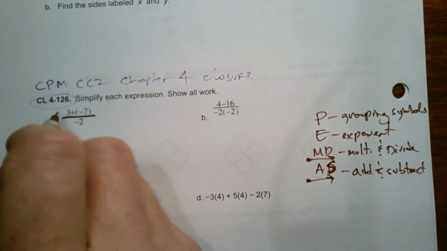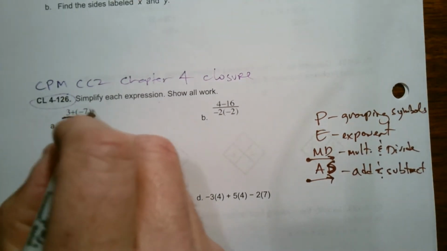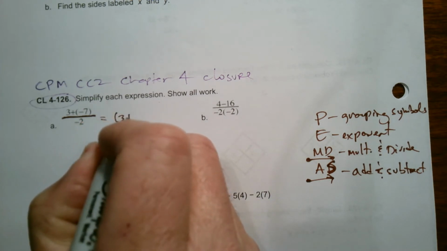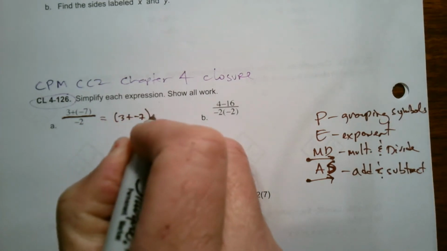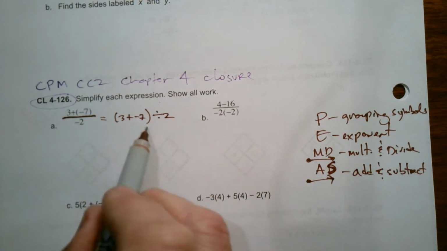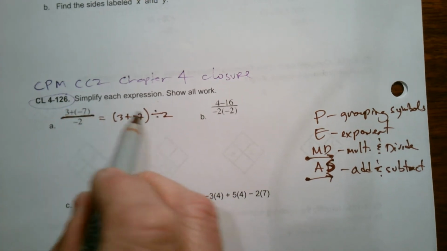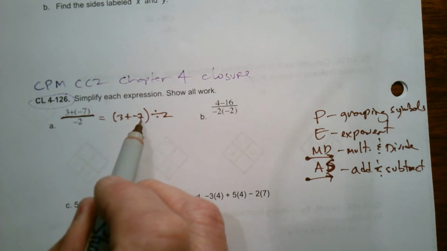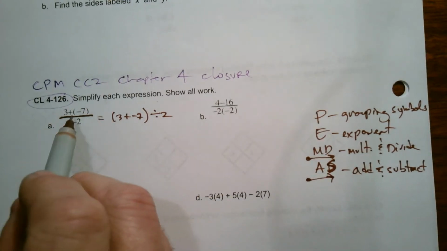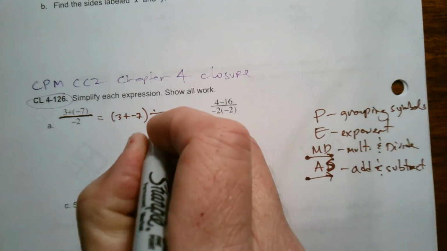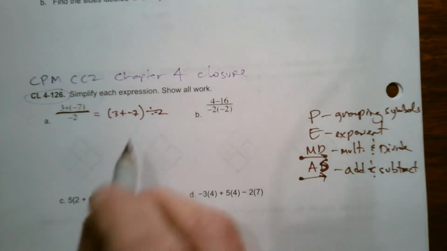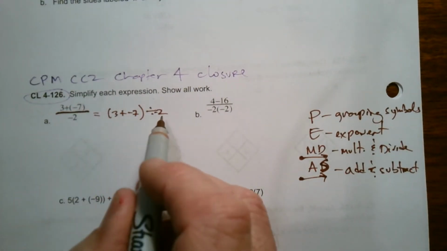I first have to do the addition, because I'm basically putting that in grouping symbols. You do what's on top before you divide by -2.